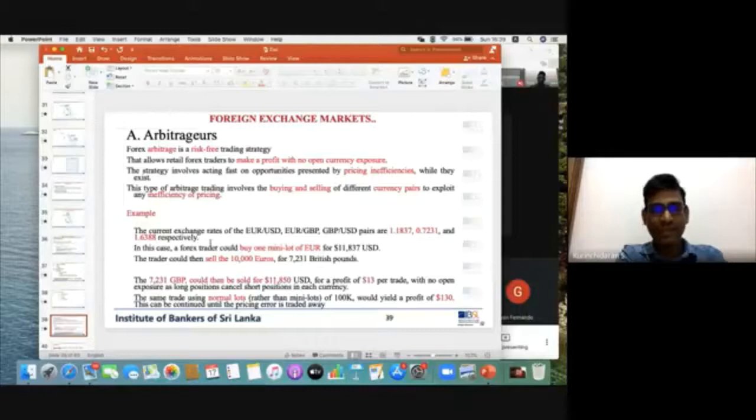Here you have to look at these quotes. They say how much USD 1 euro is, how much GBP 1 euro is, and how much USD 1 GBP is. That's the rate given.